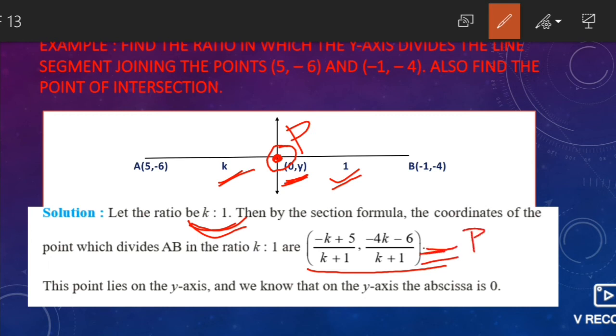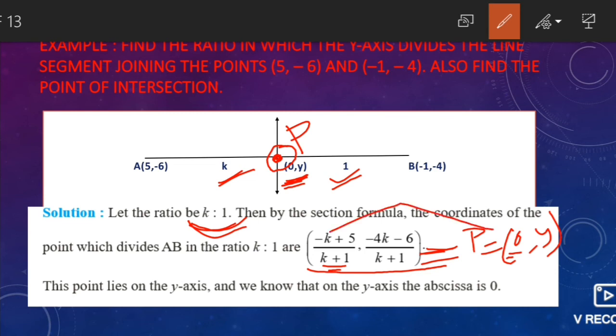Also I have considered the coordinates of P as (0, y). That means the x coordinate is 0, and you have evaluated the x coordinate as (-k + 5)/(k + 1) by the section formula.